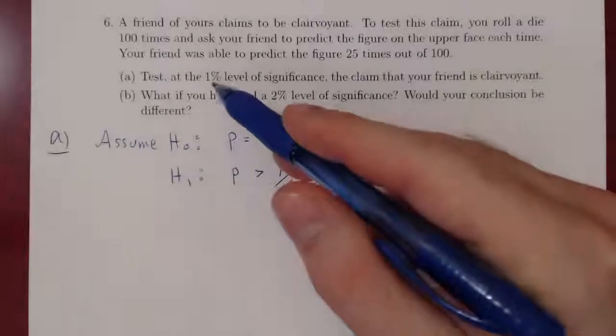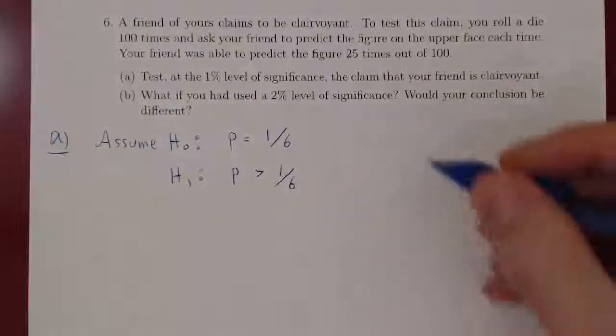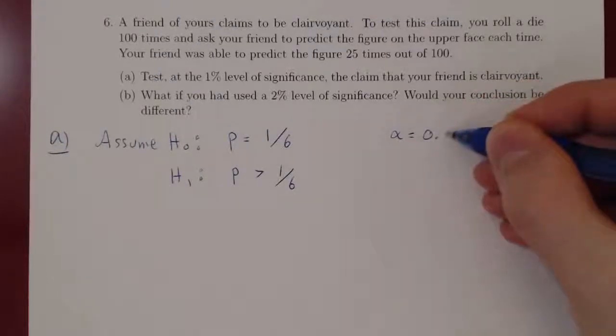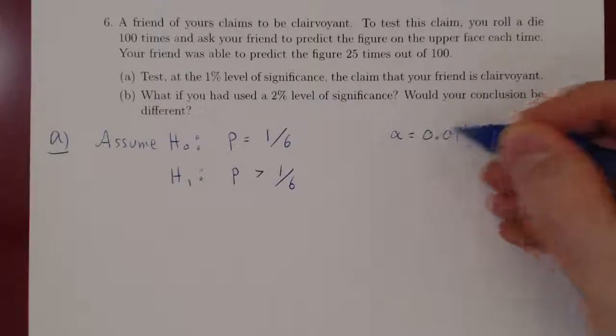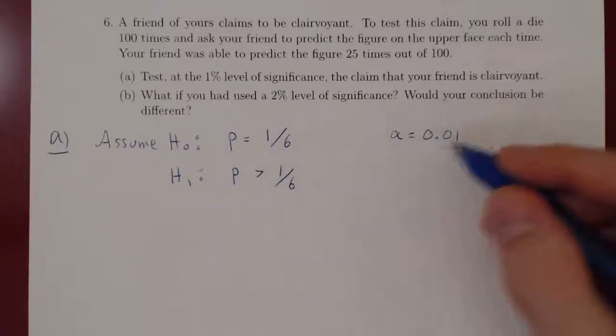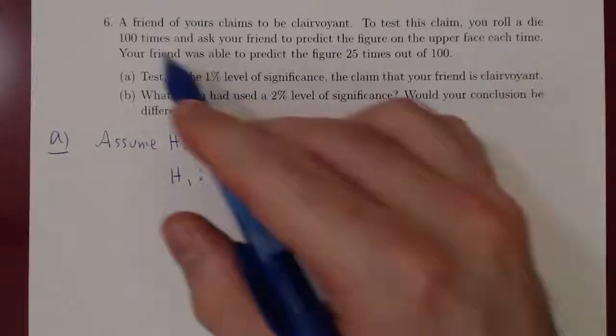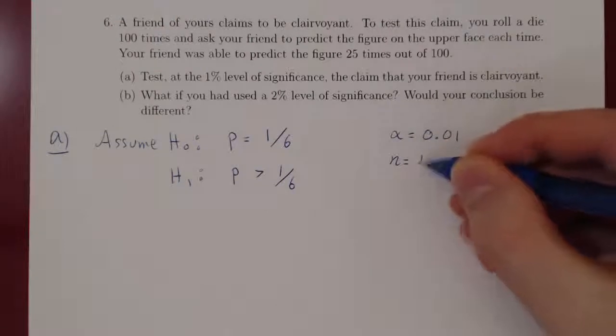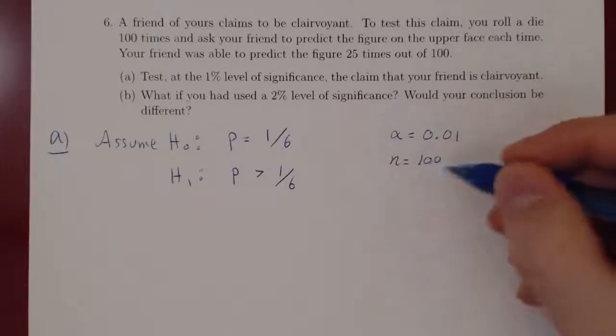Okay, so what do we know? Well, we are testing at the 1% level of significance, so we are rejecting the more extreme 1% of values. Because we have a right tail test, we will reject the larger 1% of values. Now, what did we obtain from our sample? We observed 100 observations.